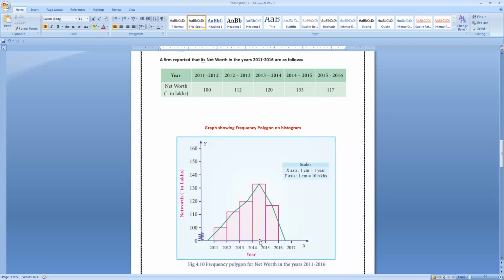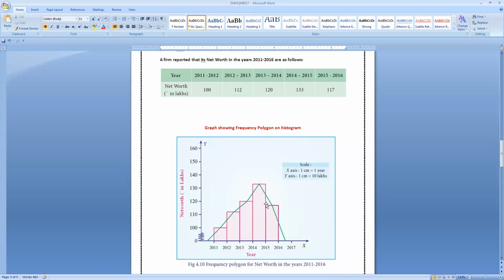Then for 2013 to 14 we have shown 120, exactly perpendicular up to 120, one more rectangle. Then 14 to 15 we have to show till 133, after 130 the third box. Then 15, 16 we have to show till 117, after 110 the seventh box, corresponding to the perpendicular where the net worth in lakhs has to be shown.